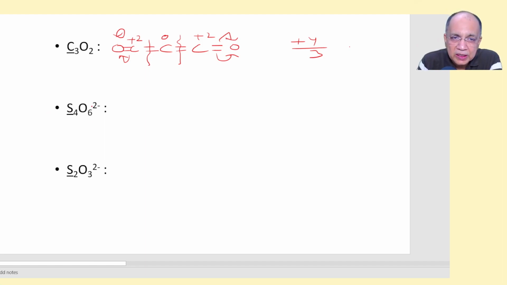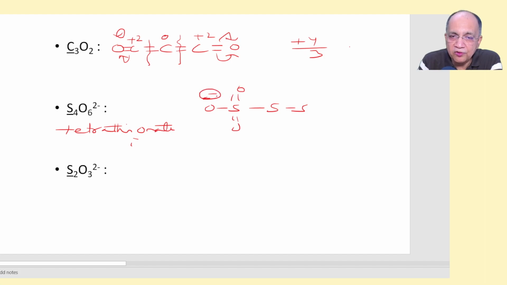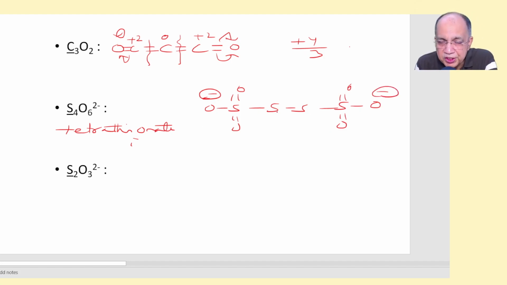This is called the tetrathionate ion. So if I draw the structure, you will find the actual oxidation number of each sulfur atom. Now see, these sulfur atoms are bonded with single bonds. This will have 0.